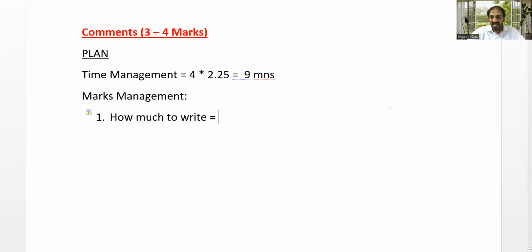If it's 4 marks, at least 3 here for hedging conclusion. You have to spend time for 3 to 4 well explained points. It's not 3 to 4 marks, it's actually 5 to 6 marks.